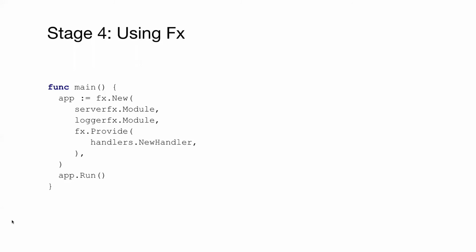We are passing two modules called serverfx and loggerfx. And via the fx.Provide option, we are passing the constructor of our handler. There can be multiple handlers. If we had more than one handler, we would simply list them. And then we say just app.Run, and all the magic happens.